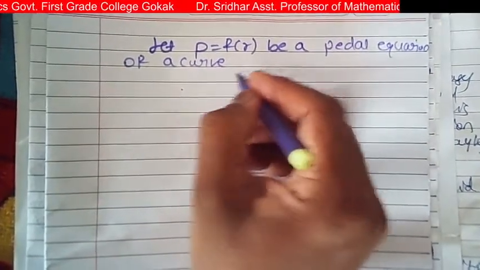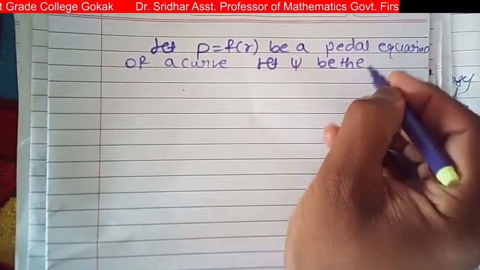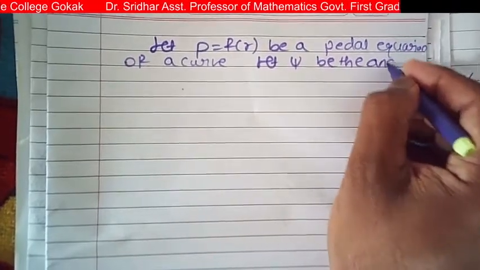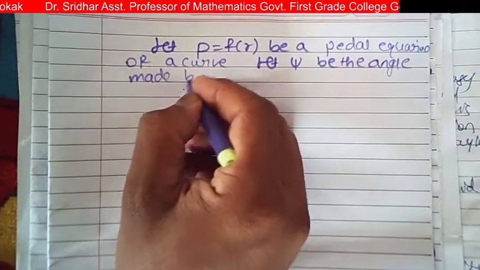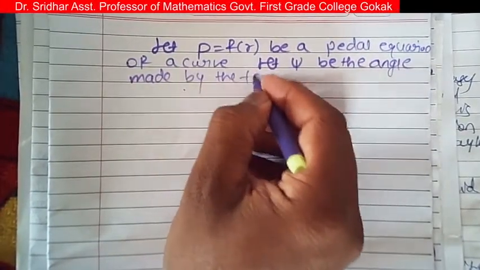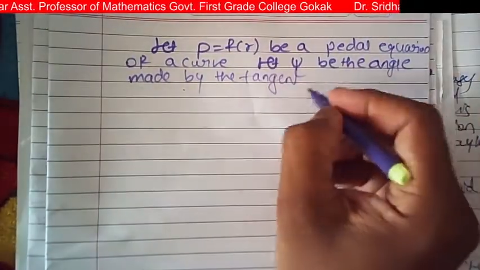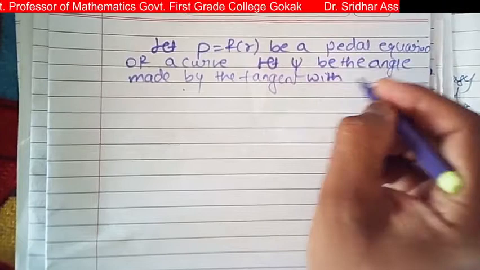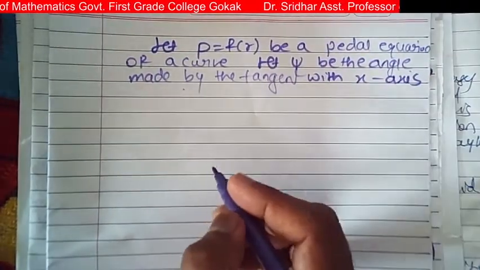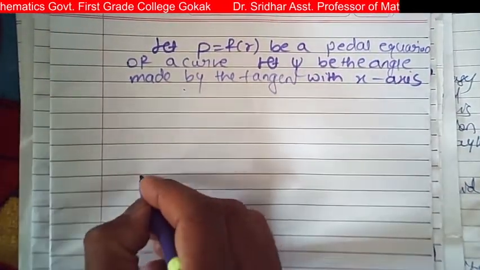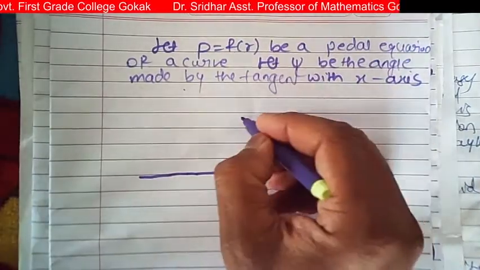let psi be the angle made by the tangent with the x-axis. So we take one initial line or x-axis, and then we consider a curve.